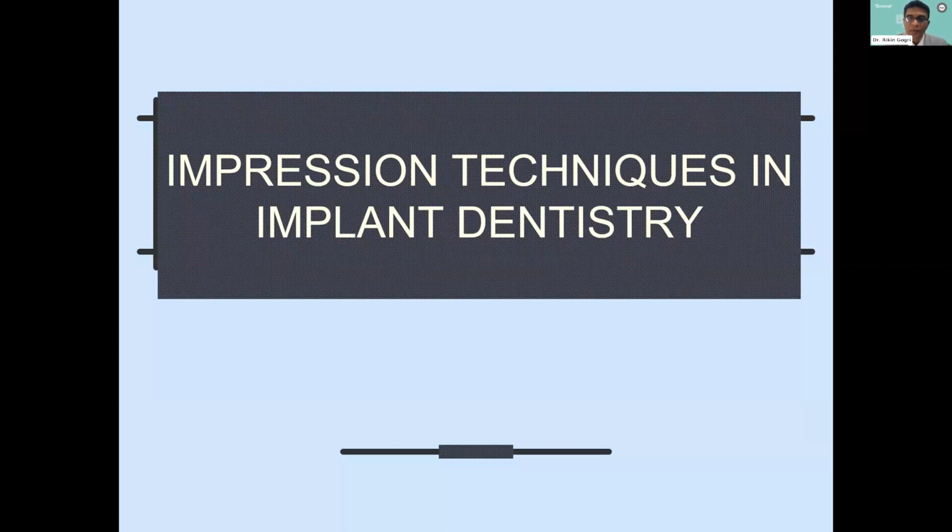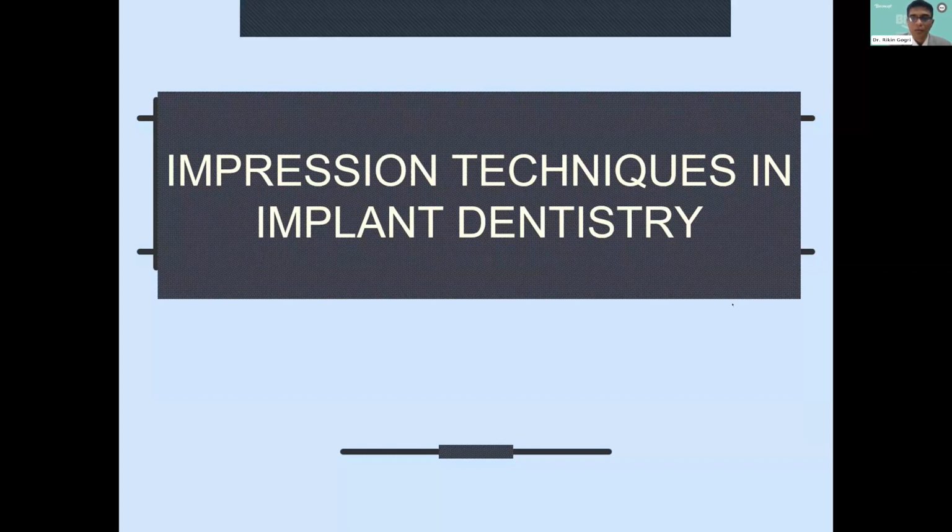And there are a variety of components involved to ensure that you have recorded the angulation of the implant in the jawbone and transferred the information to your lab to fabricate the right kind of prosthesis that you want. So impression techniques in implant dentistry is what we will start.